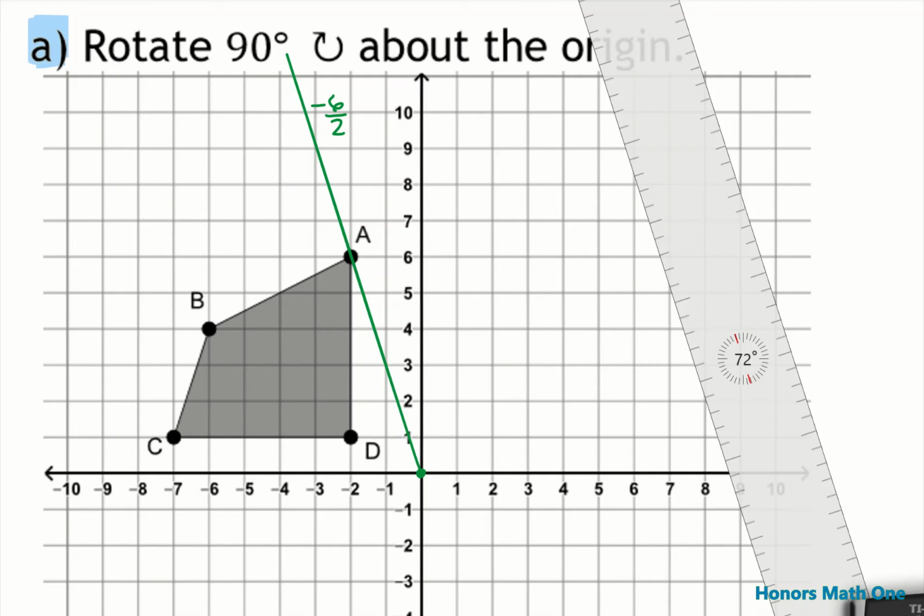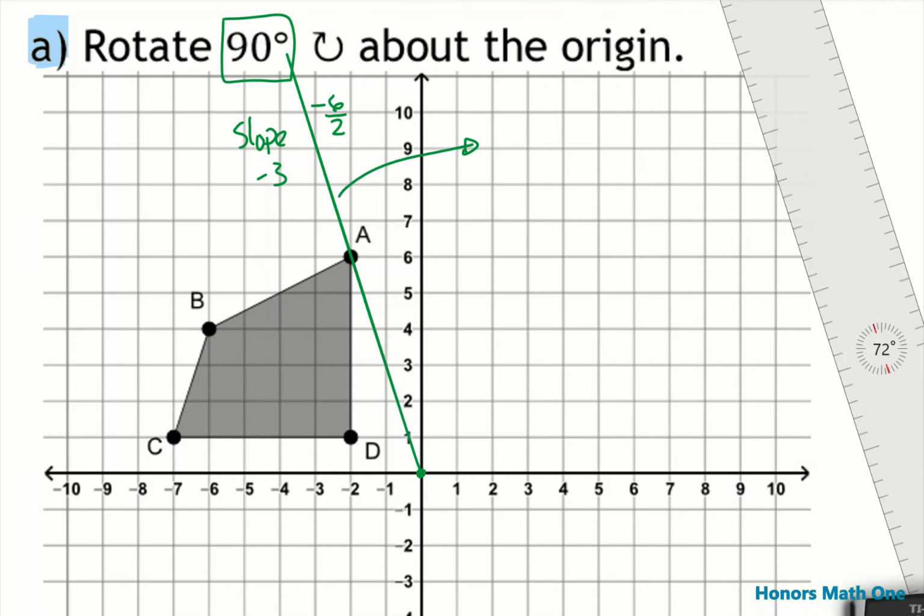So if I rotate that through 90 degrees, what we end up with would have to have a slope of positive 1/3, because this has a slope of negative 3. Instead of being negative 3, the slope is going to have to become positive 1/3.